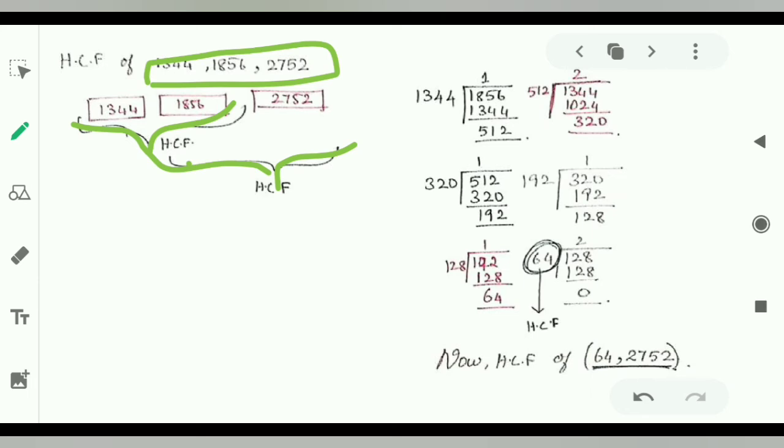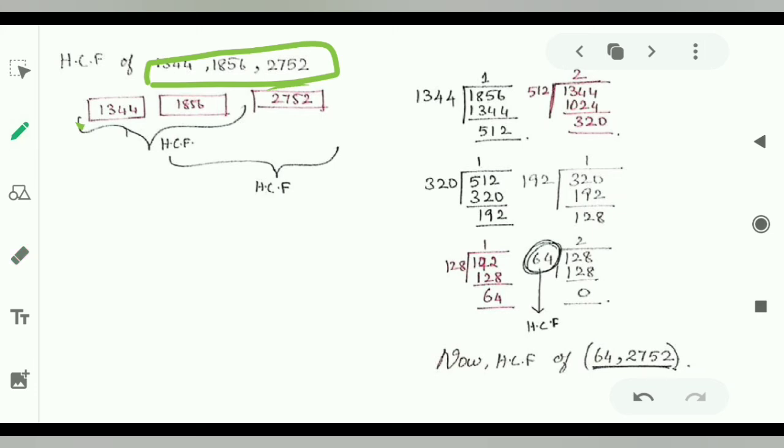HCF of three numbers is given by the HCF of the first two numbers, comma 2752, that is the third number. First step, we have to find the HCF of 1344 and 1856, right?